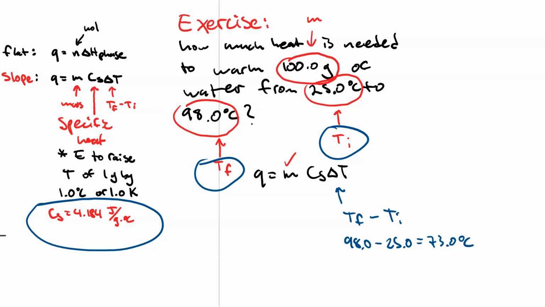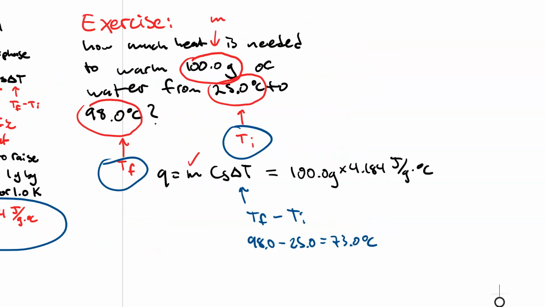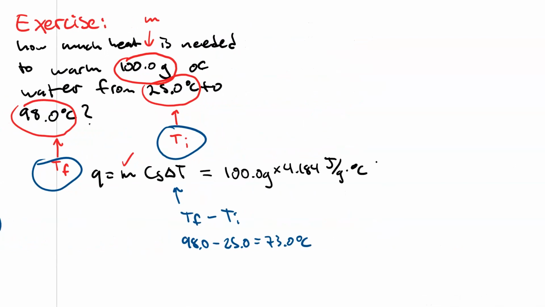But assuming we've done that correctly, we have Q equals 100.0 grams, that's m, times 4.184 joules per gram degree Celsius, that's c_s, times delta T, which is 73.0 degrees Celsius.